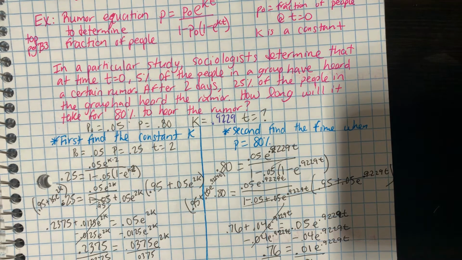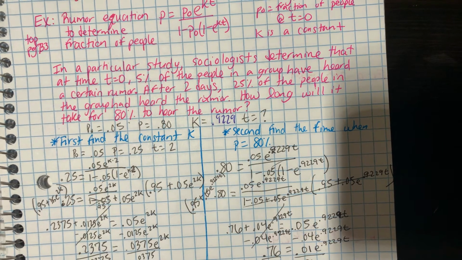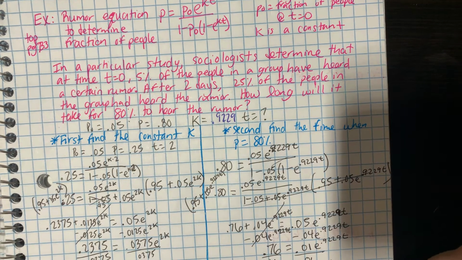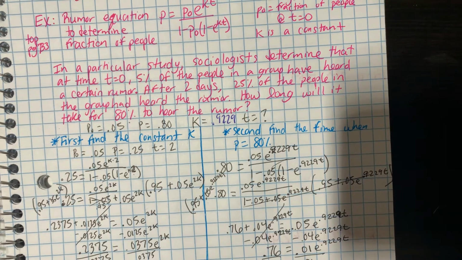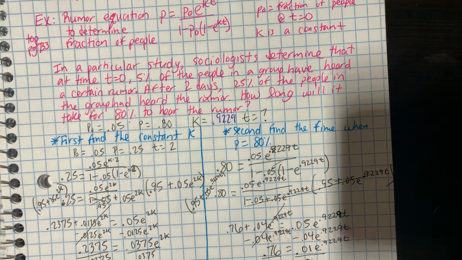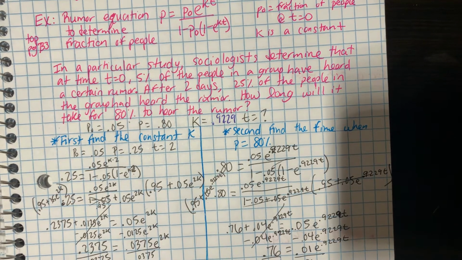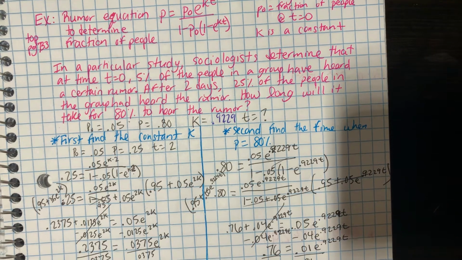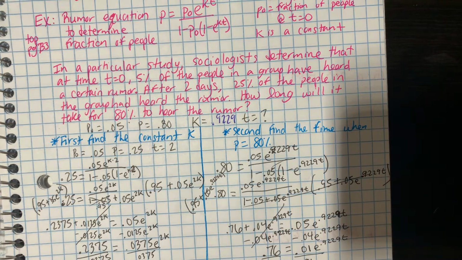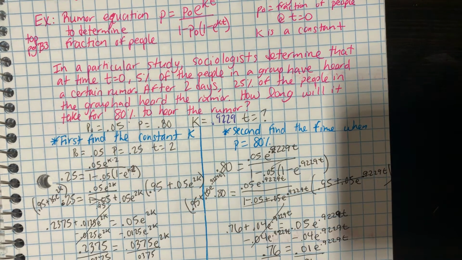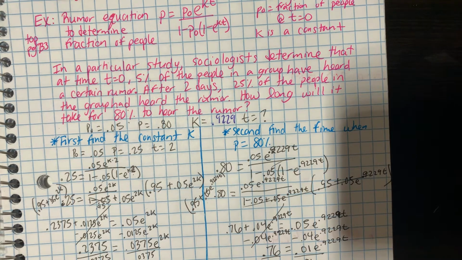Our time looks like it is 4.6925 days. Or we could round it and say that 80% will hear in 4.7 days.